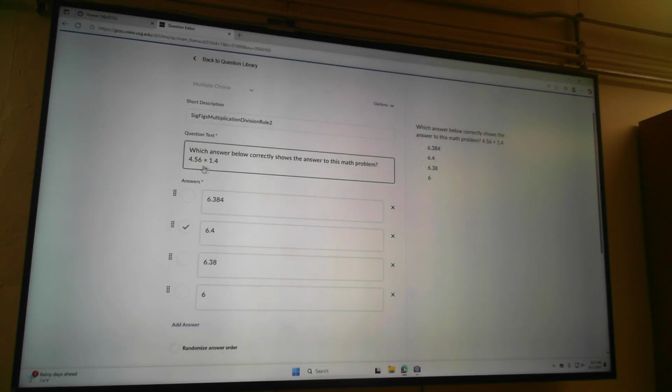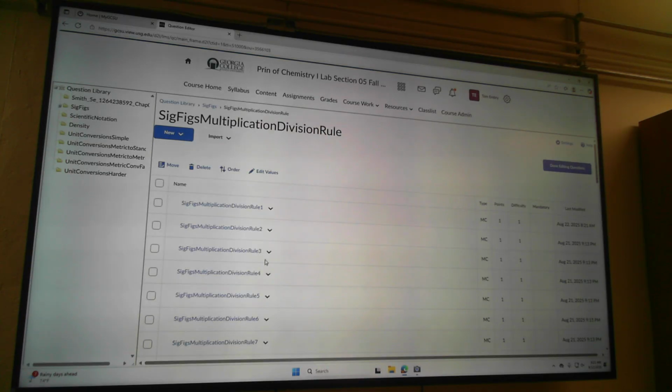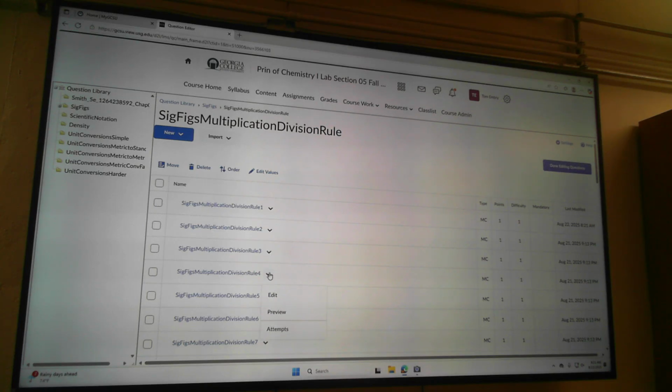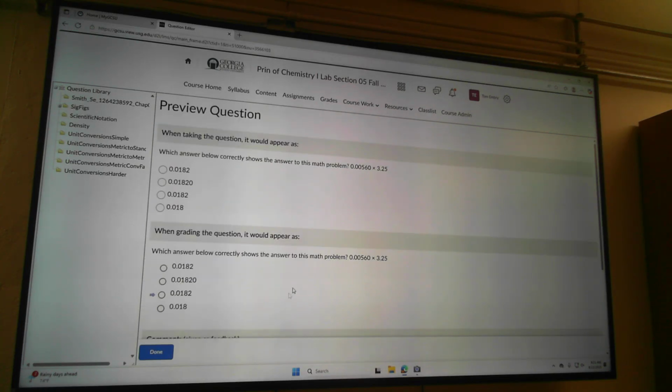3 significant figures, 2 significant figures. So it has to be 2. This one's correct. 3. 3 and 2. So the only one that's 2. Right? That was number 3. 4. 3 and 3. It's got duplicate answers.